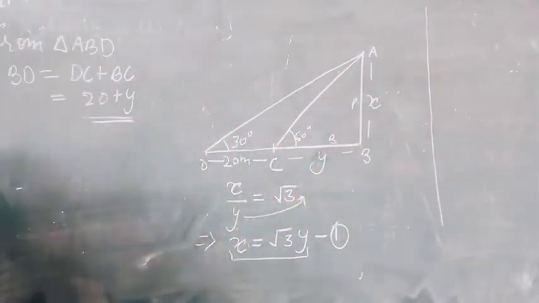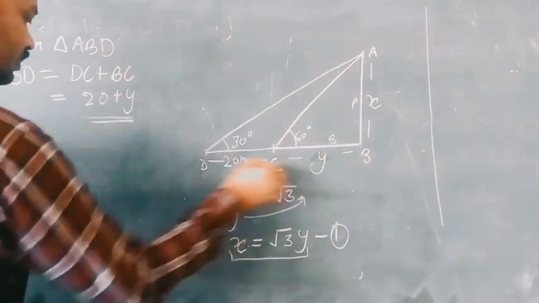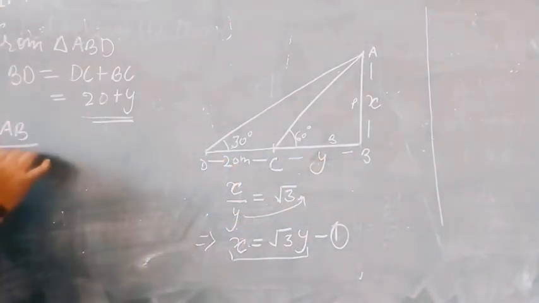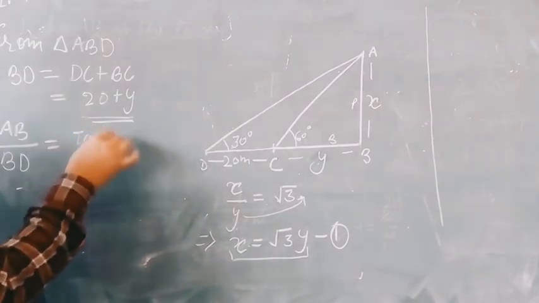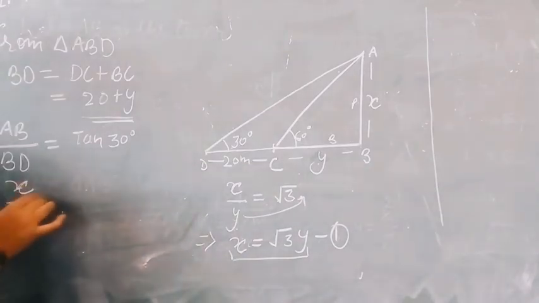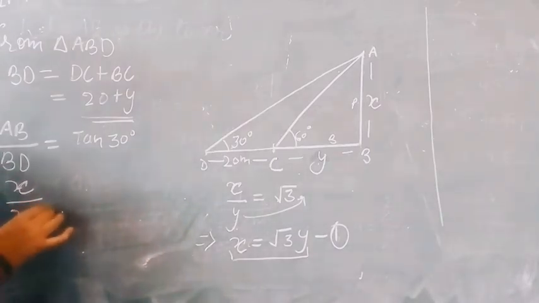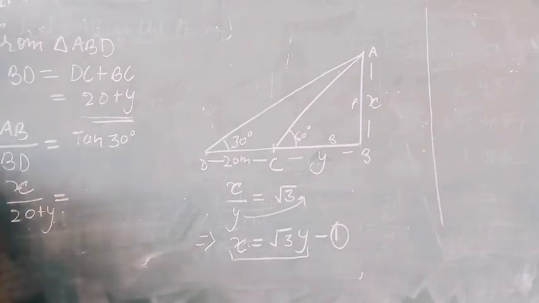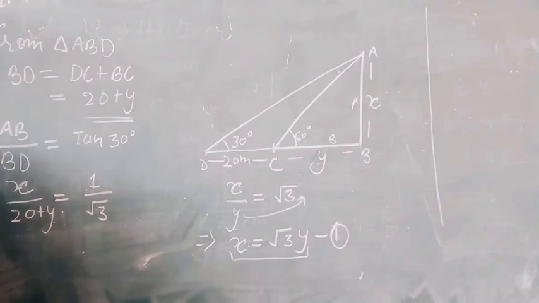So now take the ratio of given parts, that is AB upon BD will be equals to, again tan, the angle of observation is 30, so it is tan 30 degree. AB is x and BD is 20 plus y will be equals to, tan 30 is 1 upon square root 3.